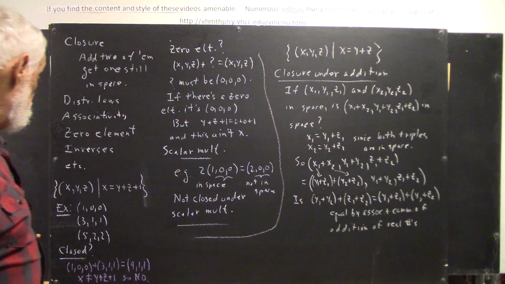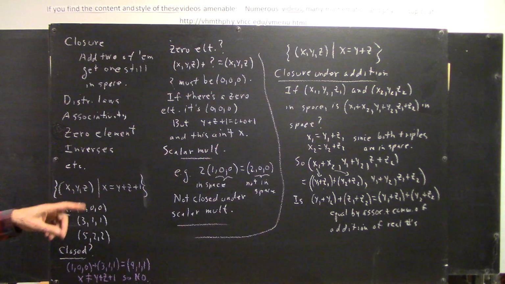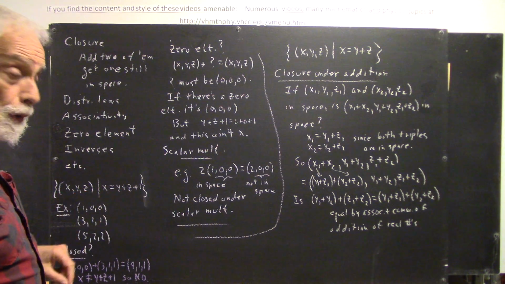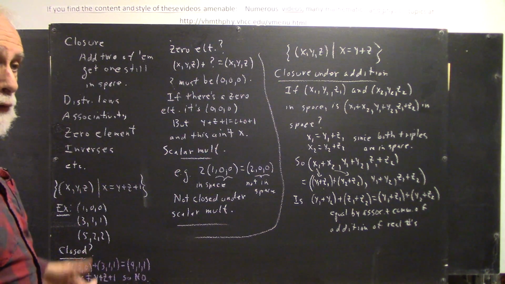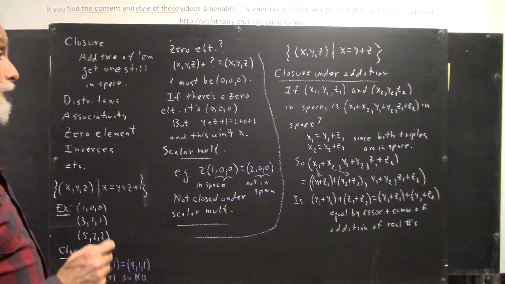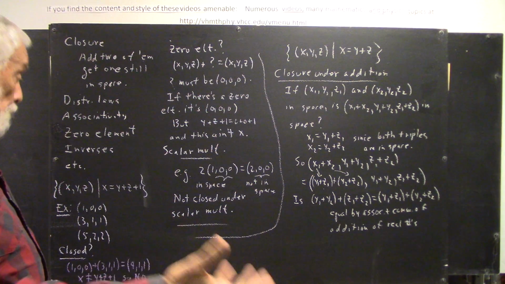Okay, so let's just do an example of something that actually isn't a vector space. Let it be the set of x, y, z such that x equals y plus z plus 1. Now, for a vector space, you need a set of scalars, and you need an operation.